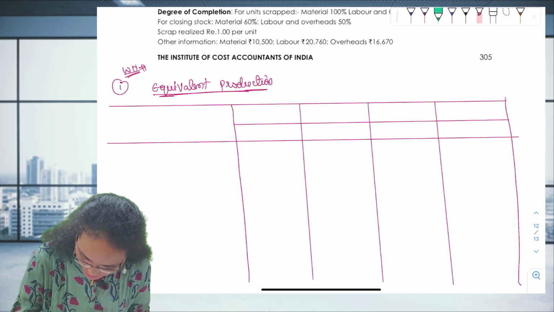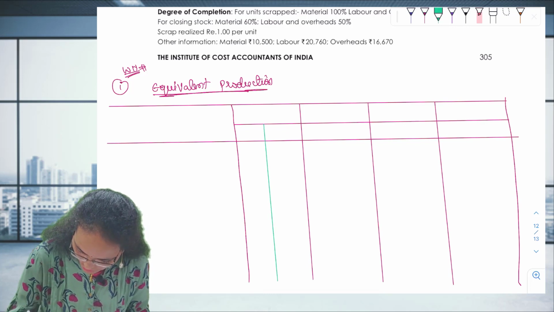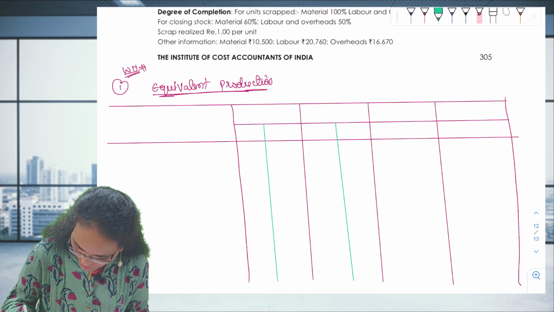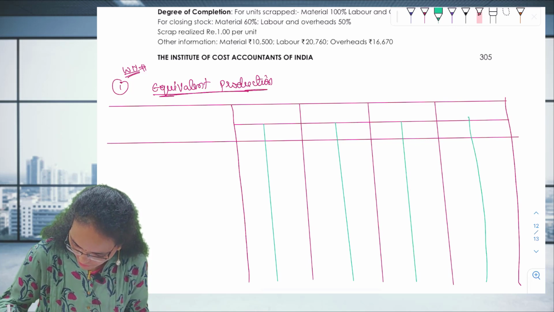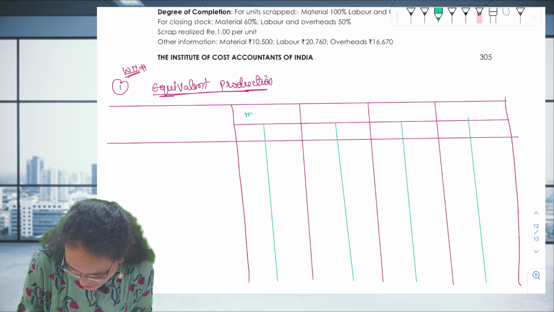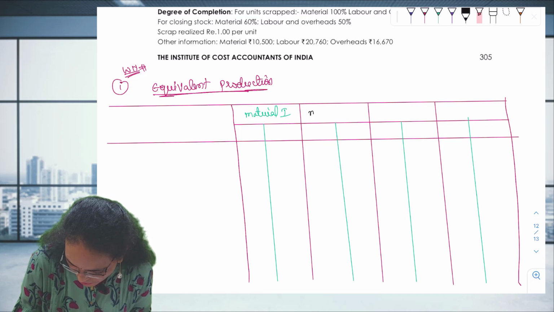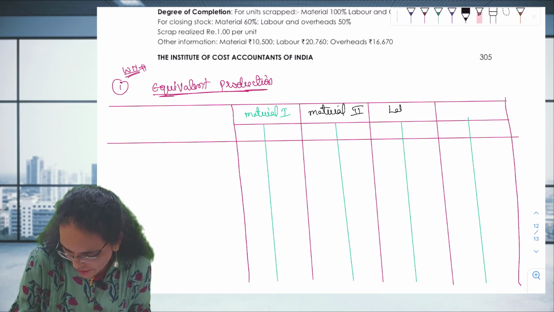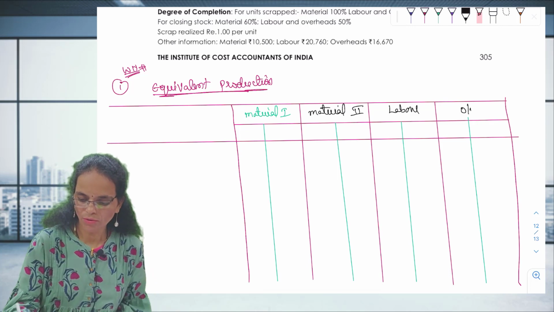Here, this is for material 1, material 2, labor and overhead.